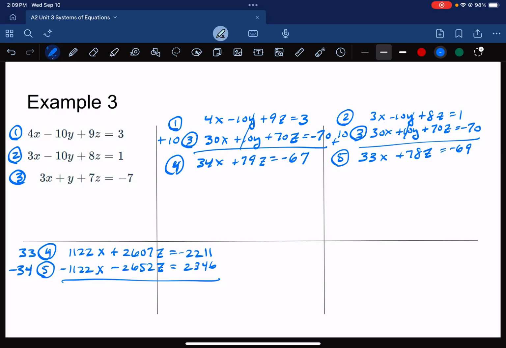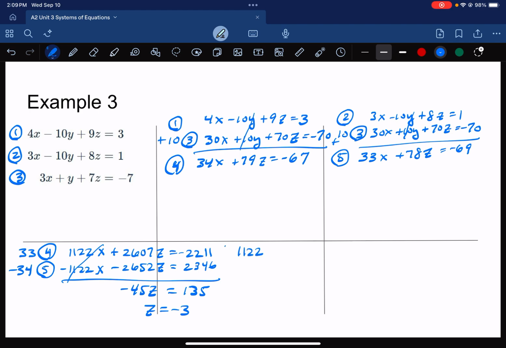So 2652 minus 2607 is going to give us a negative 45z. And then 2346 minus 2211 gives us a positive 135, and we divide by negative 45, and we get negative 3. So there's z.